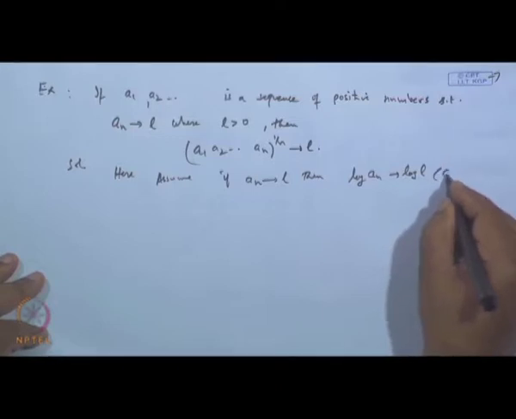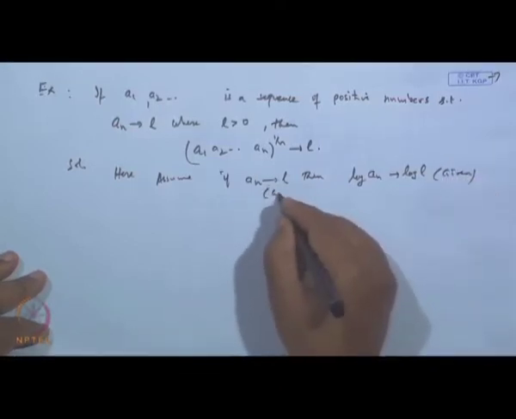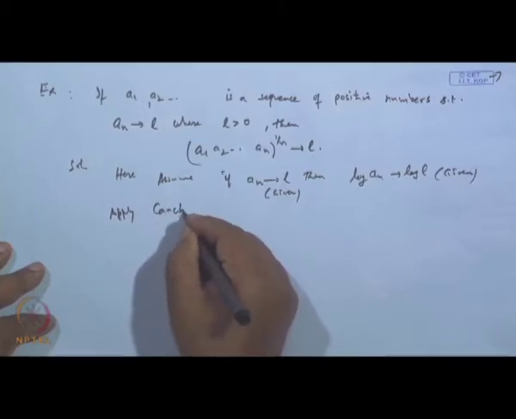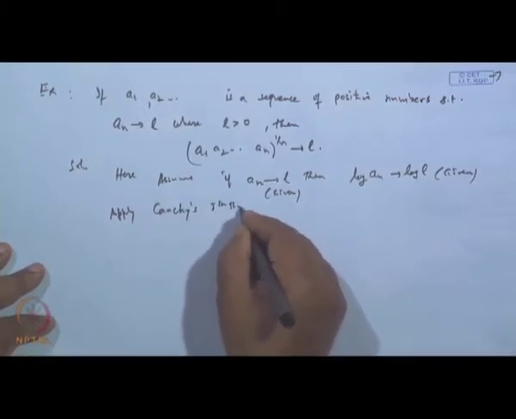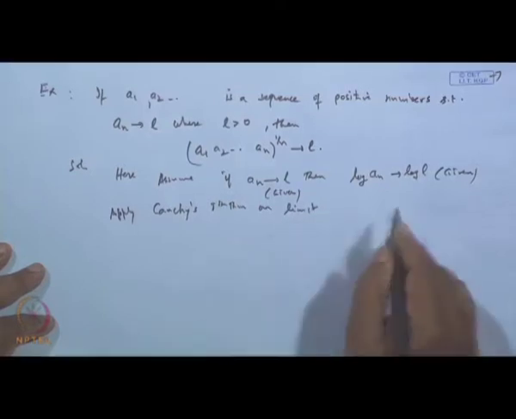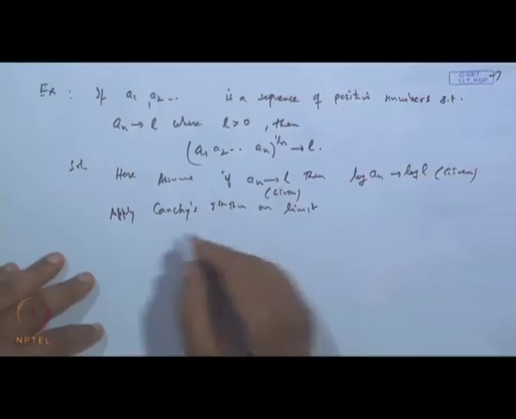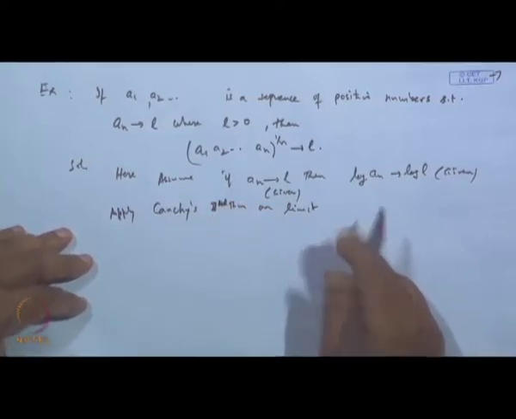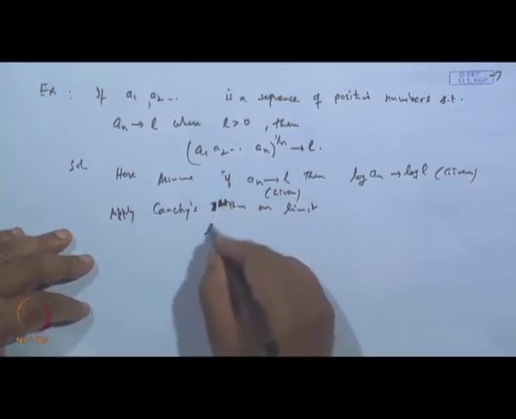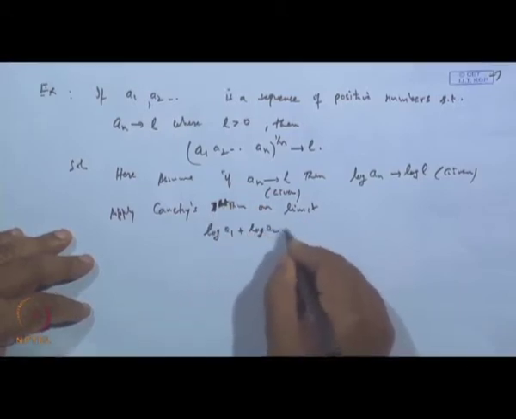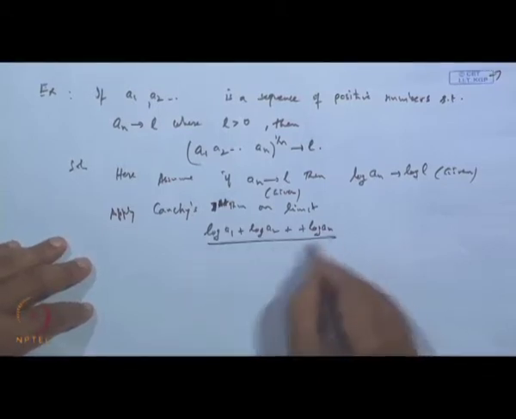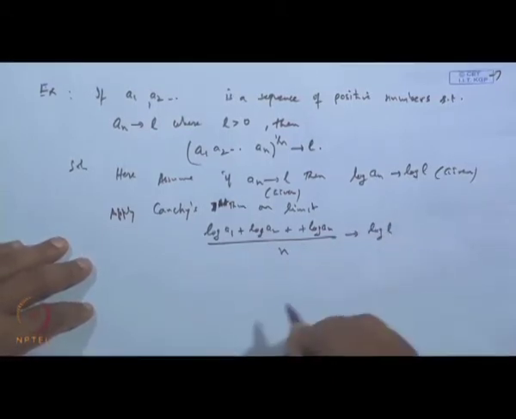Now, this is given, so we can assume that log a n goes to log L. Apply Cauchy's first theorem on limits. The mean, that is (log a1 plus log a2 plus ... plus log a n) divided by n, will also go to log L by that theorem.